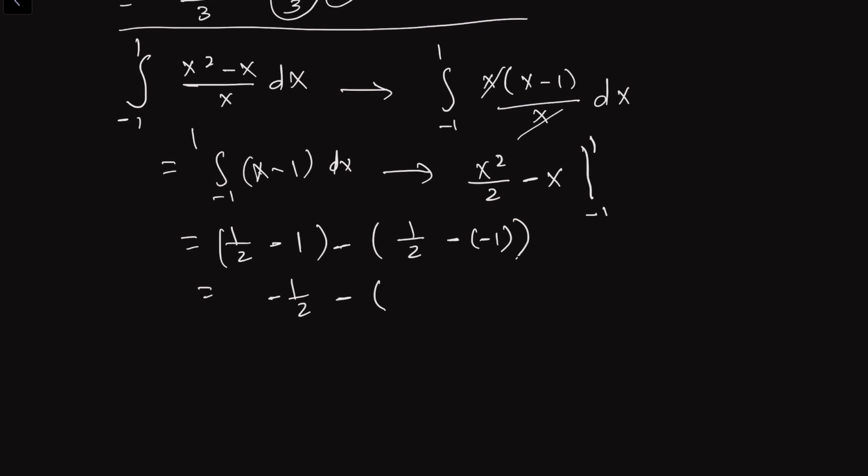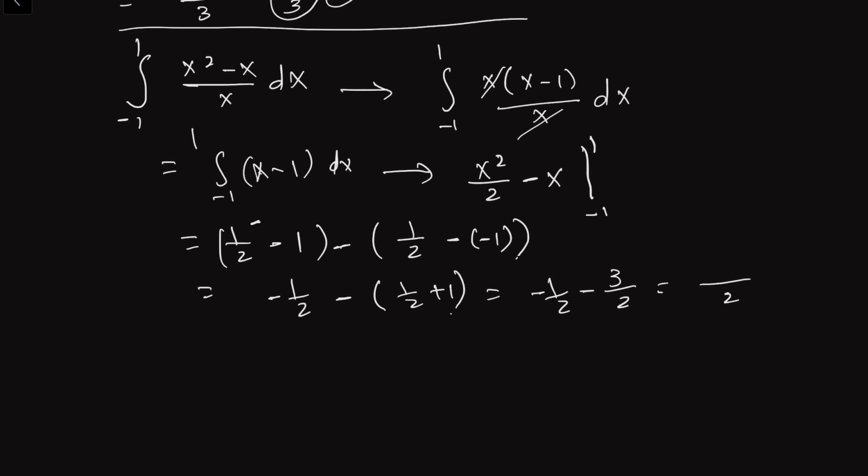minus 1/2 plus 1, equal -1/2. So this is 1/2, that's 3 over 2 minus 1 1/2, which is 3 over 2. So this one, let's review here. This is 1 squared. Okay. So 1 over 2 minus 1.